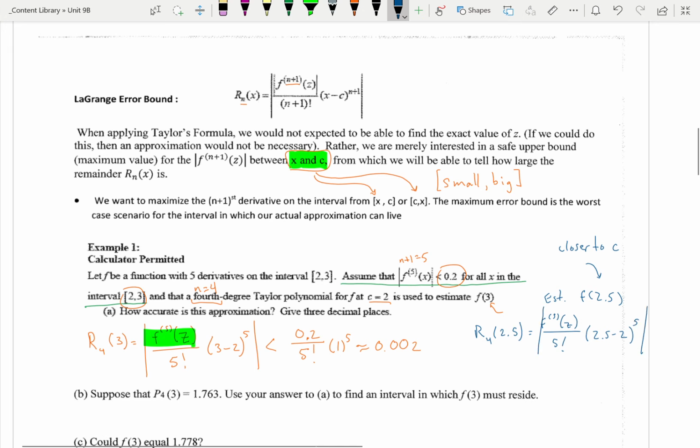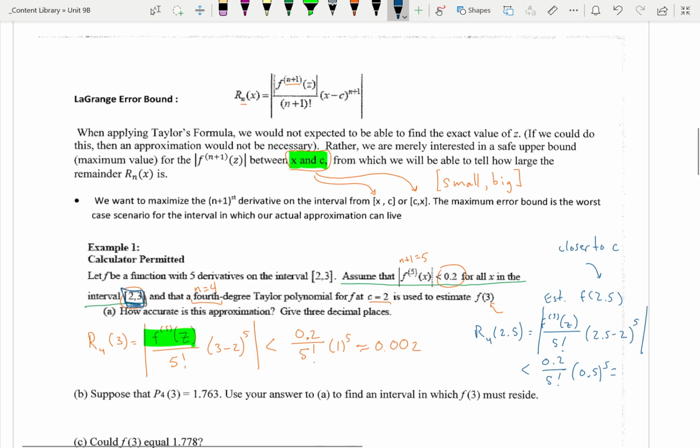And if you'll notice, since this interval goes from 2 to 3, 2.5 is within that interval, so we can still replace this the exact same way with a 0.2. The only difference is we've got not 1 to the fifth power, but 0.5 to the fifth power. And how does that change our answer?